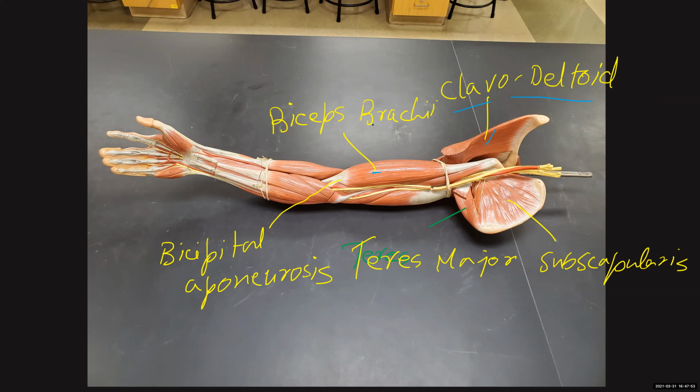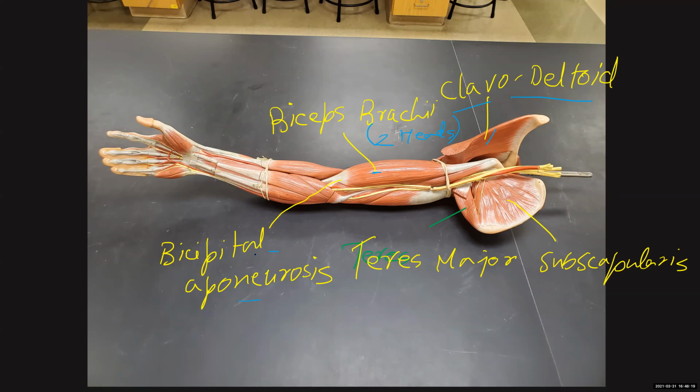Biceps brachii has two heads, a long head and a short head. We are not identifying them separately. Biceps brachii is inserted into the ulna and radius both, and this is known as bicipital aponeurosis. Remember, aponeurosis is a thick band of fascia that serves as an attachment for a muscle.